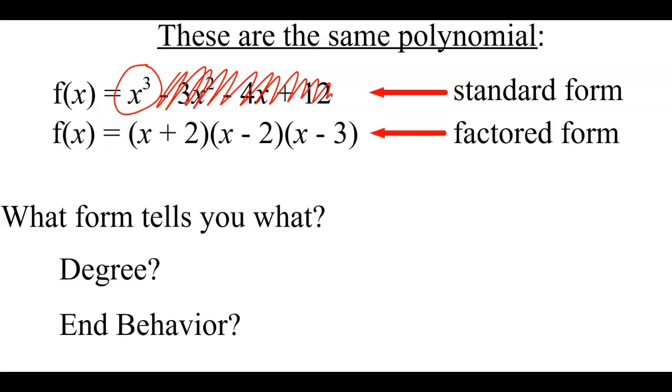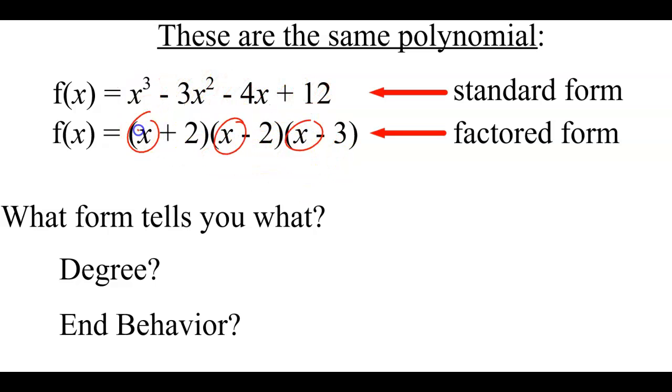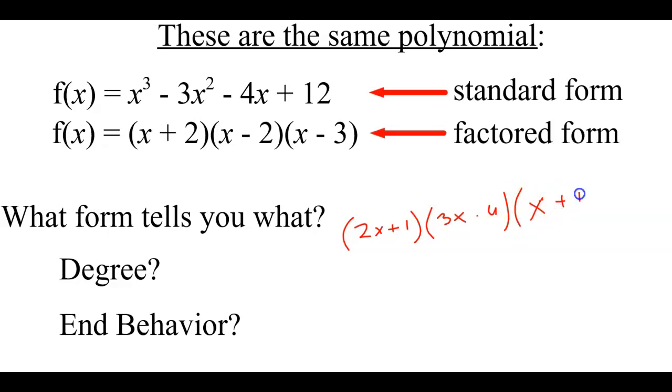And the way you can figure that out without having to do all this foiling is just multiply all the x's together. X times x times x is x cubed. Okay? If I had, let's say I'm making this up, 2x plus 1 times 3x minus 4 and times x plus 1, if I wanted to find out the leading term, you'd just multiply all of the x terms together.